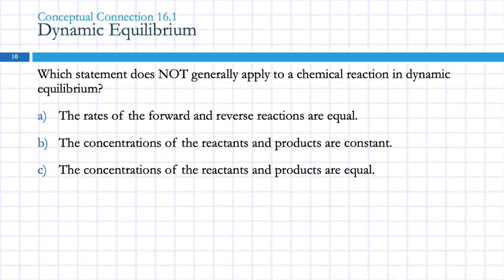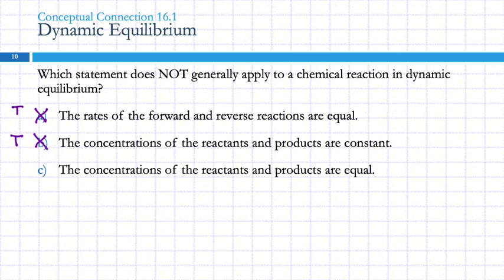Okay, which statement does not generally apply to a chemical reaction in dynamic equilibrium? So let's just identify true or false as we go through these choices. The rates of the forward and reverse reactions are equal. True or false? True. So we're looking for one that's false. So that one's true. The concentrations of the reactants and products are constant. That one's true.